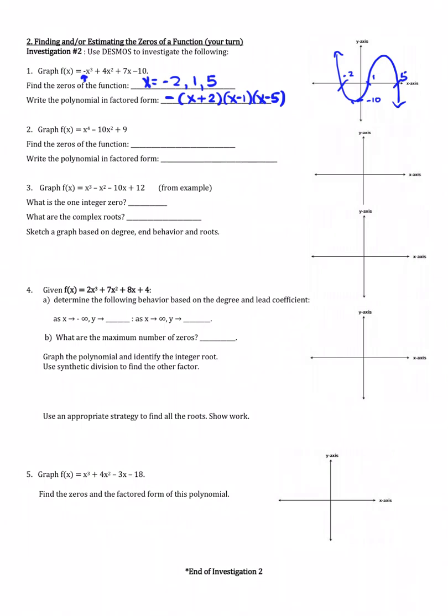Now on this next one, if I were to graph that, you would notice it looks something like this. It has a lot of symmetry. So this is at negative 3, this is at negative 1, this is at 1, this is at a positive 3, and you cross here at 9.